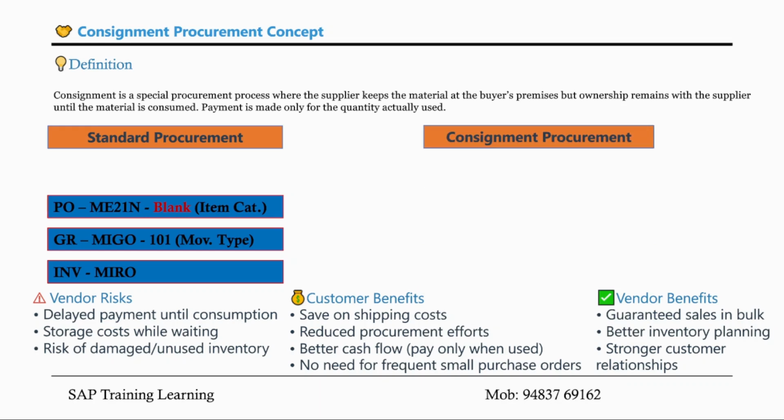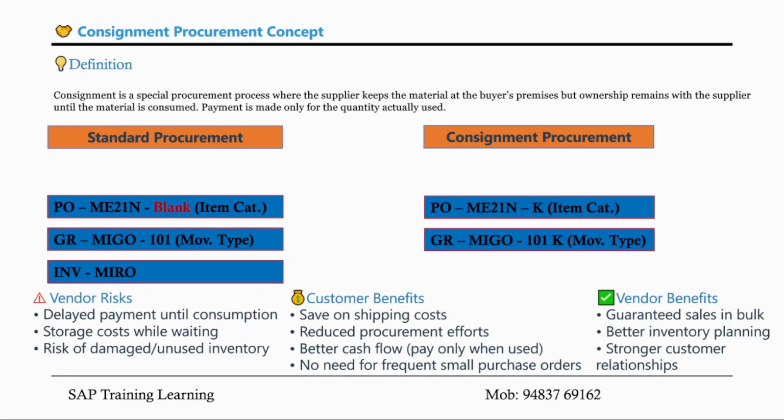When it comes to consignment procurement type, here also you need to create a purchase order, and here also you need to take the goods into your place, but they will not be your stock. It will be a consignment stock, but you are liable for the stock. And when the stock is inside, you start using and consuming it.